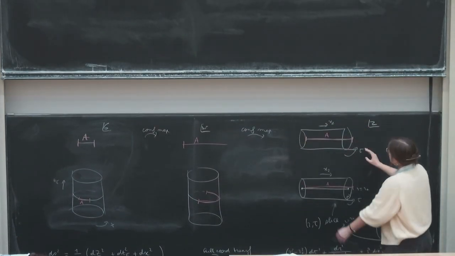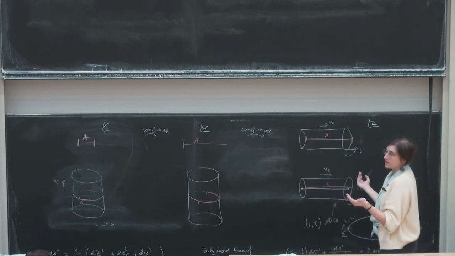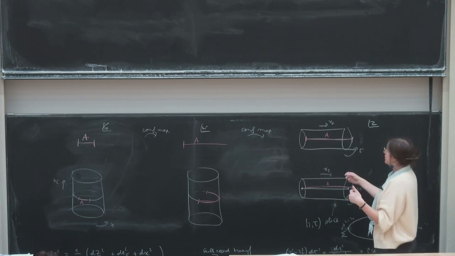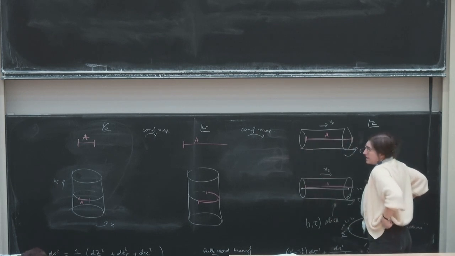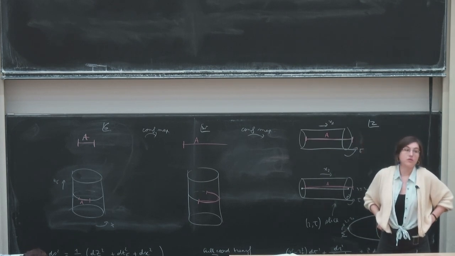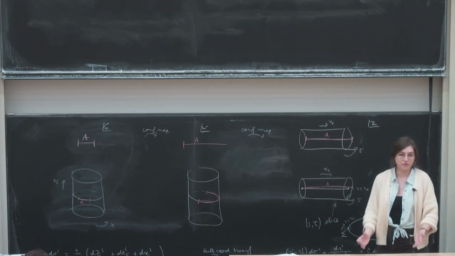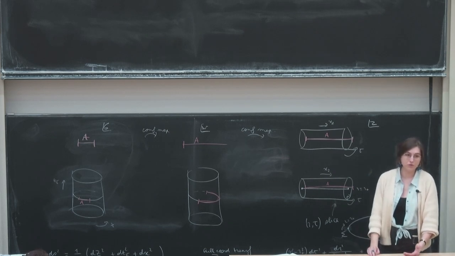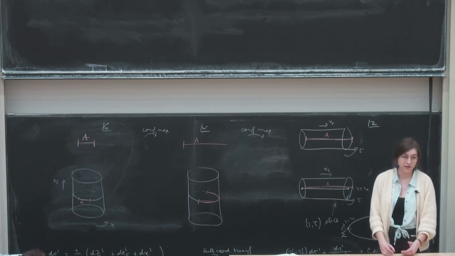Namely, the whole point was that the reduced density matrix in this picture is equal to the thermal density matrix. Therefore, the entanglement entropy for A is equal to the thermal entropy, which is dual to the thermal entropy of the dual black hole, which is given by A over 4G, where A is the area of the horizon.